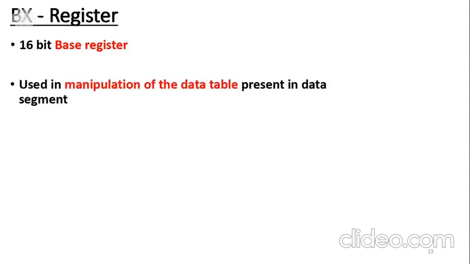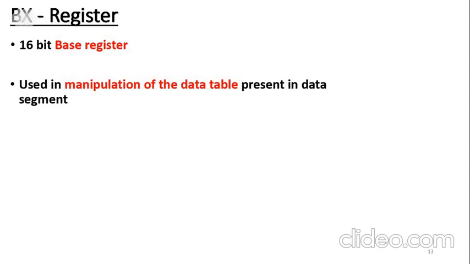Now the next is the BX register. It is a 16-bit base register. Here B is for base. This register is used in the manipulation of data table which is present in the data segment, which contains a large number of organized data in the form of records, maybe two-dimensional data or even multi-dimensional.